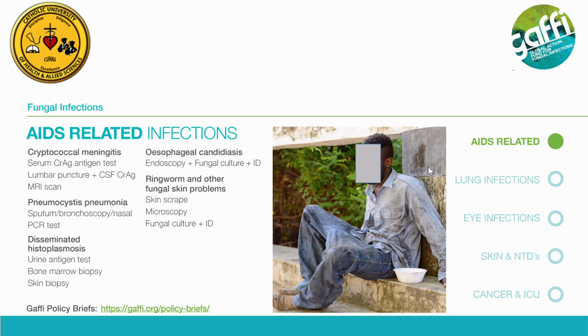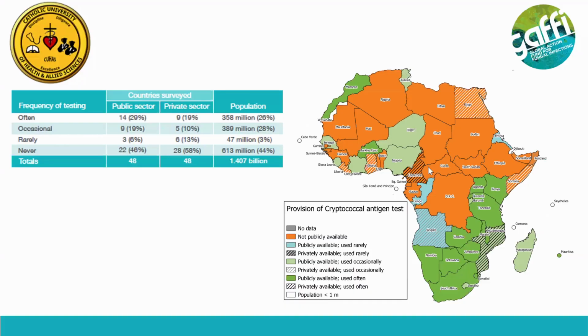Looking at those results of 2022, we realized that when it comes to cryptococcal antigen tests, the CrAg test, a very common test, we do have some countries where the CrAg test is not publicly available. This includes our brothers in DRC, Sudan, Ethiopia, and so many other countries that we are seeing in the orange.